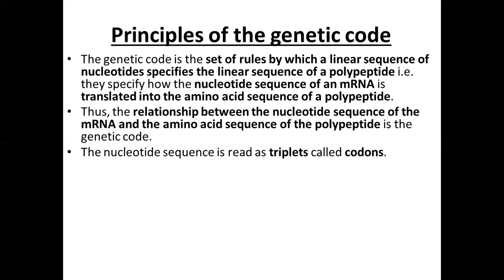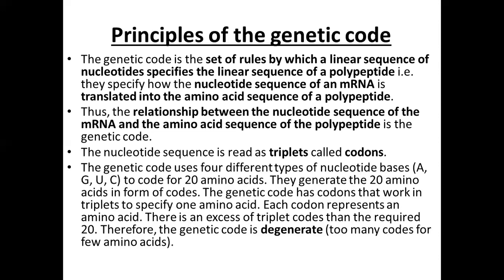The nucleotide sequence is read as triplets, which are known as the codons. So basically, the genetic code uses the 4 different types of nitrogenous nucleotide bases. So we have adenine, guanine, uracil, and cytosine to code for 20 amino acids. So they generate the 20 amino acids in form of codes, and that's called the genetic code.